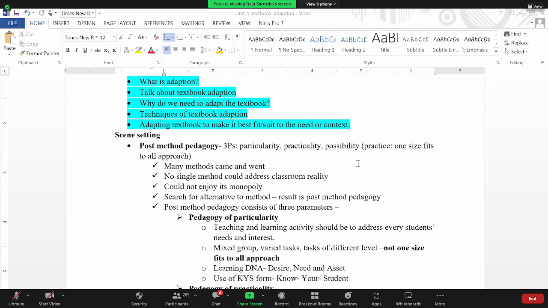So simply parameters of textbook. This is what you can understand: textbook should be written in line with objectives mentioned in the curriculum. Textbook should be written in line with students' needs and interest.